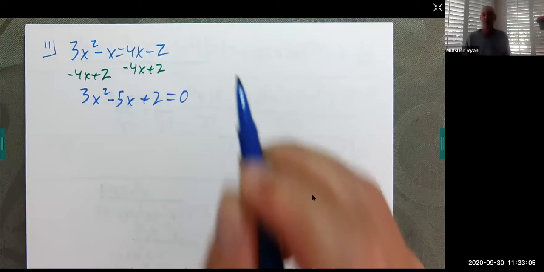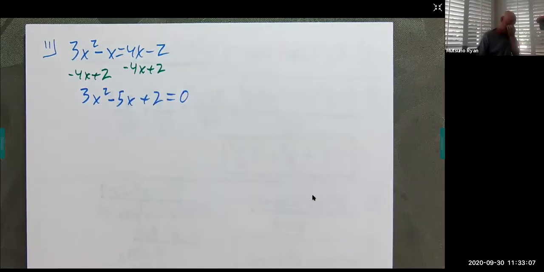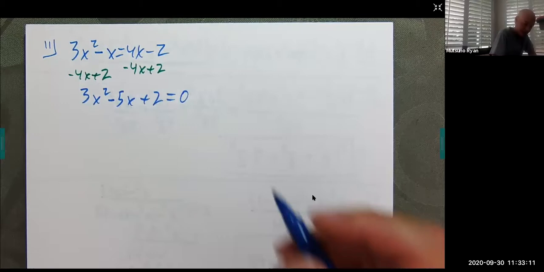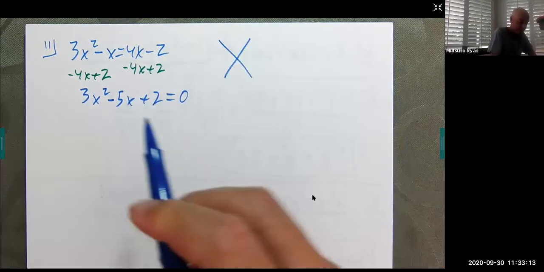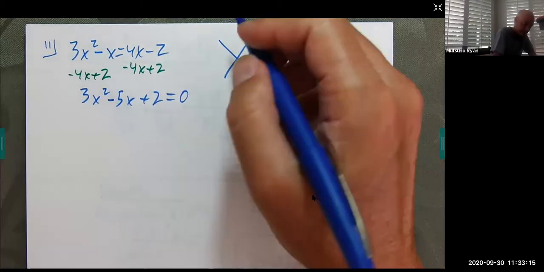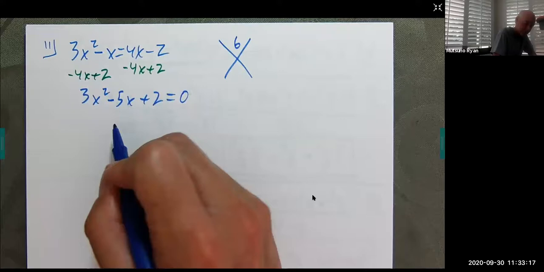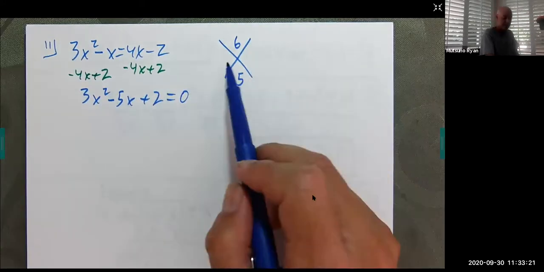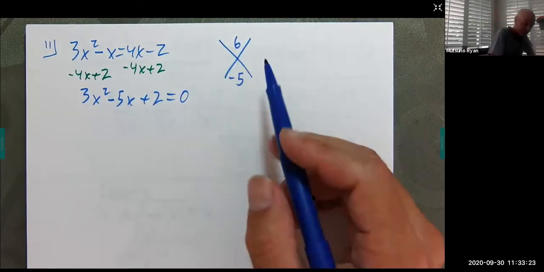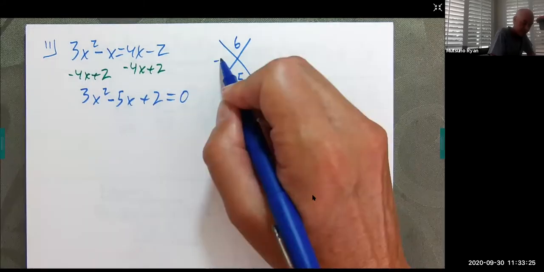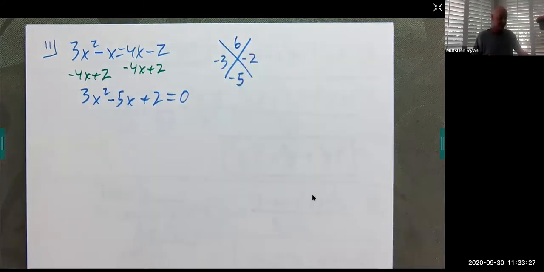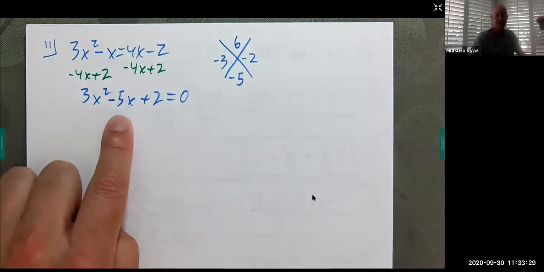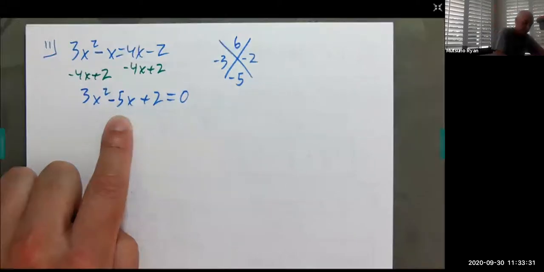And now I have a proper quadratic equation. Again, I'm going to set it up so that the 3 times the 2 goes up top, that's 6, and the 5 goes down below. Now I need 2 numbers that when I multiply, I get positive 6, and when I add, I get negative 5. That'll be negative 3 and negative 2. And that's going to split that open there into 2 pieces.